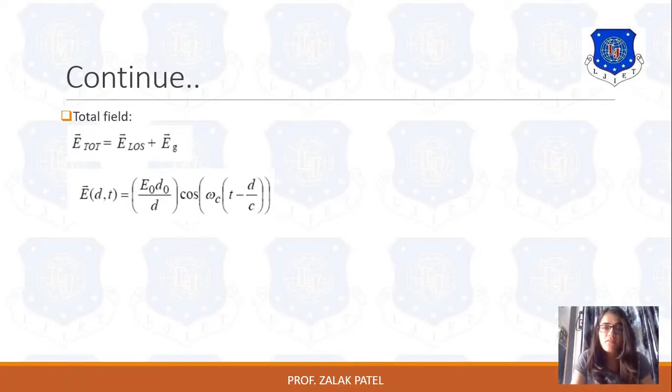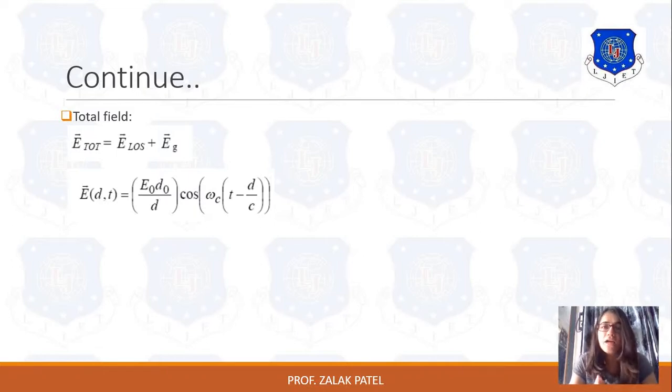Here in this equation, if you see the term t minus d upon c, in the general form of the equation only t is taken, but over here t minus d upon c is used because, if you remember from the electromagnetics course, there is a retarded potential.